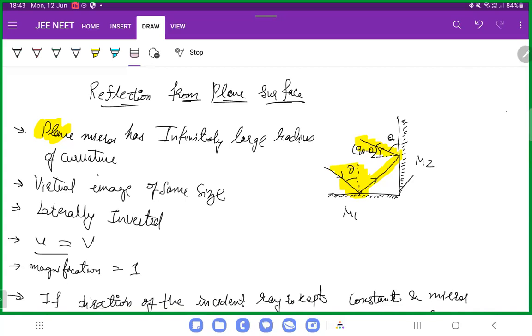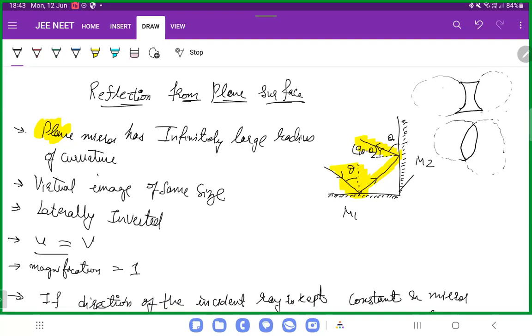If we are drawing concave, that means we can end this one here and make a circle here, like this.